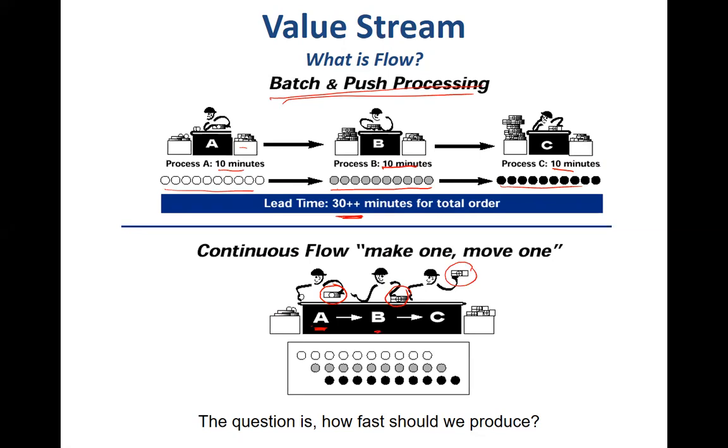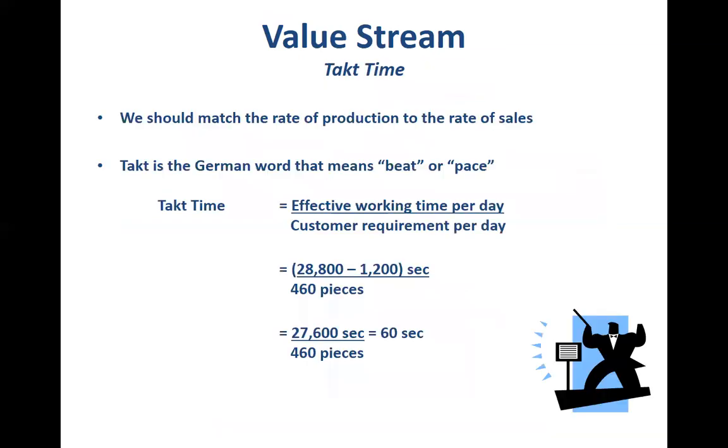So everything is being done one at a time. So that would be a continuous flow. And the question always comes whether this level of continuous flow can be achieved in an operation or not. Many times it might not be possible. So we have to understand which are those places where we could achieve it and where we have to do something else. Now, having that understanding, we have to now understand at what speed should these products be made?